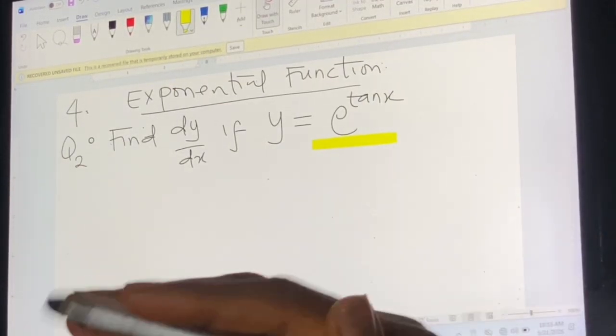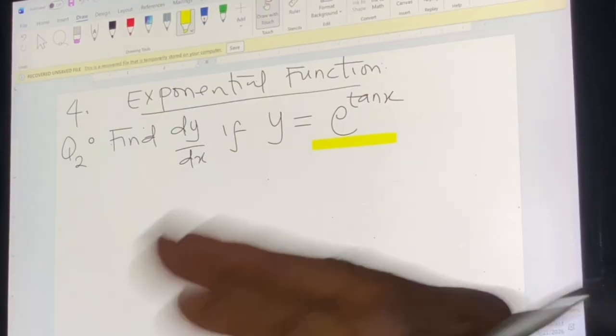So the question now is, how do we differentiate an exponential function?